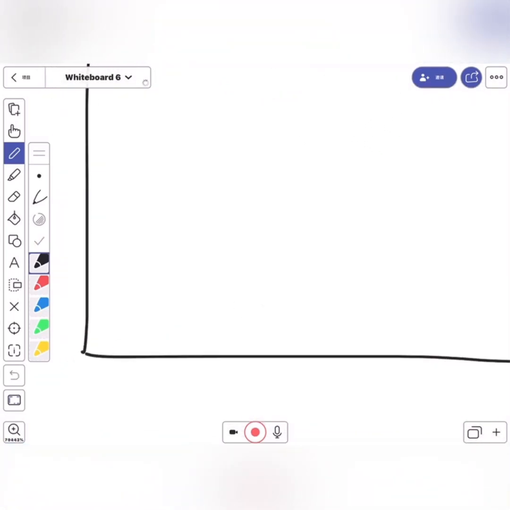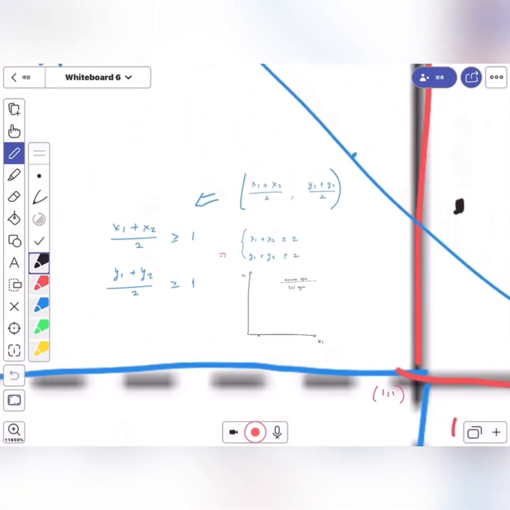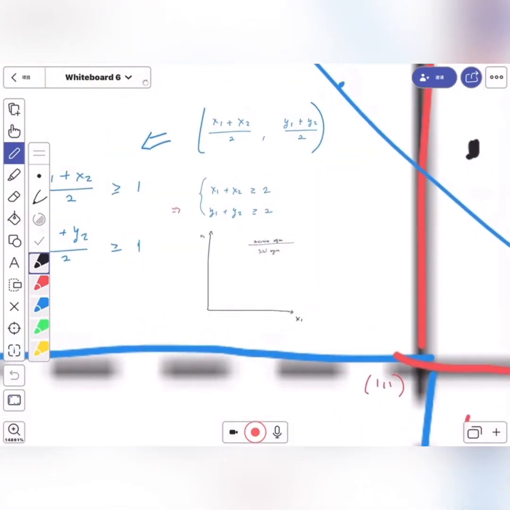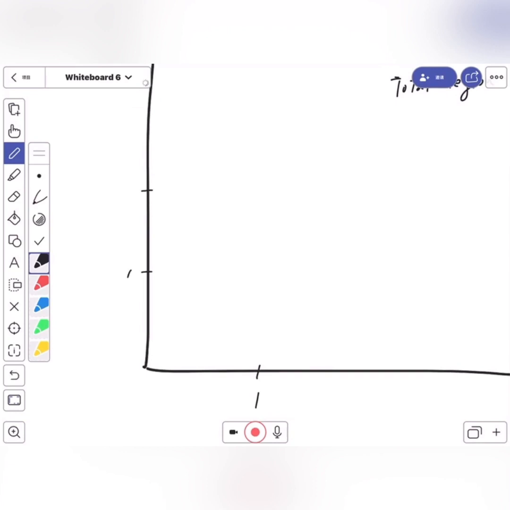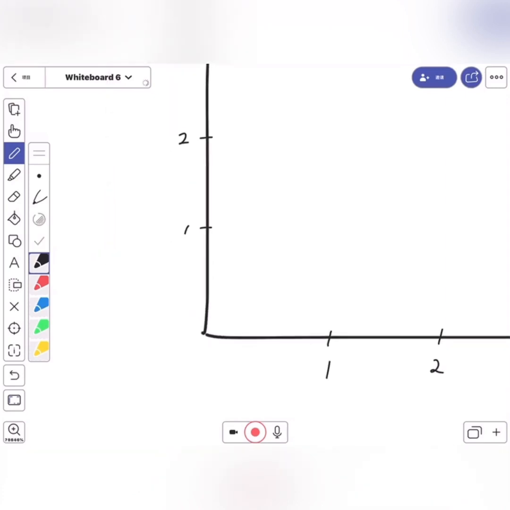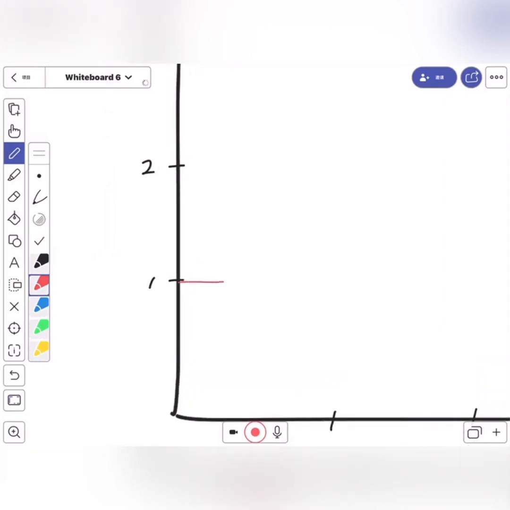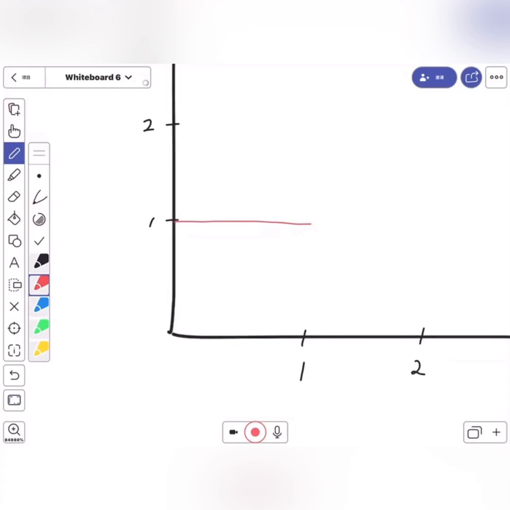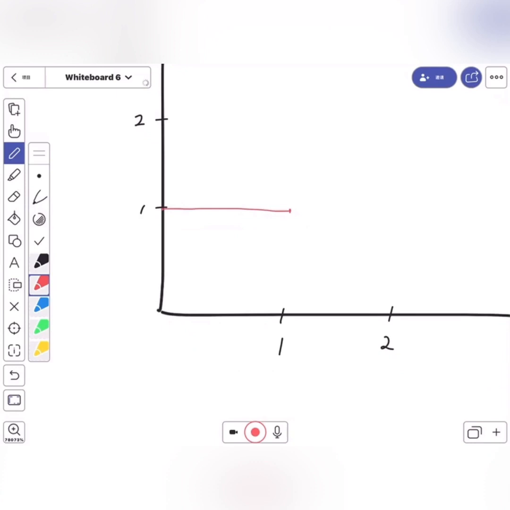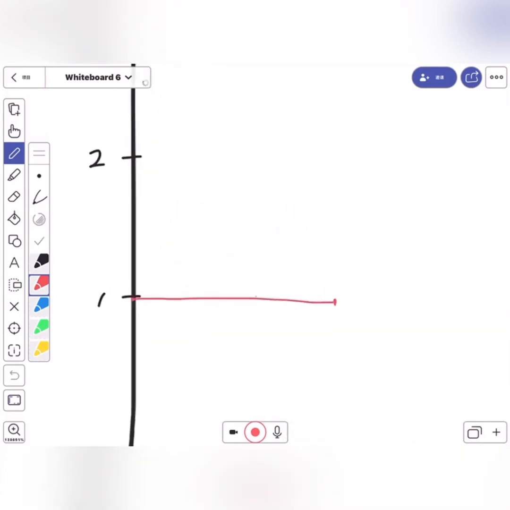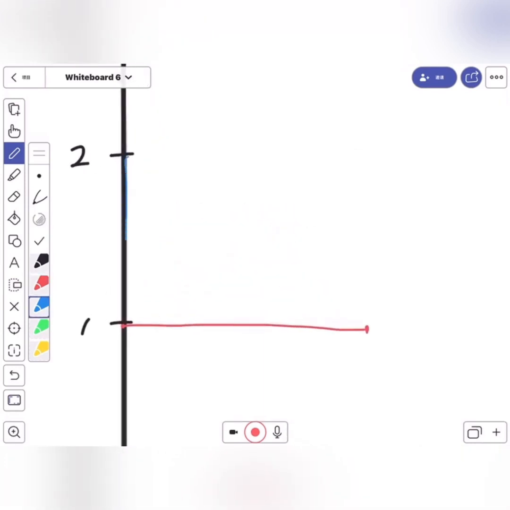Now x1 must be between 0 and 1, so let's label our axes really quick. 0, 1, 2. So essentially these are all the x1 values, and these are all the x2 values.